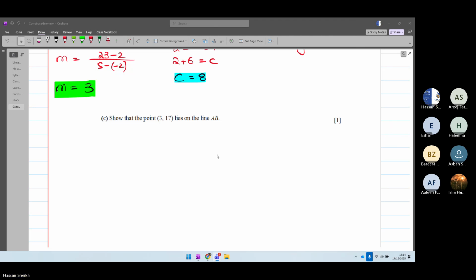Show that the point 3 comma 17 lies on line AB.